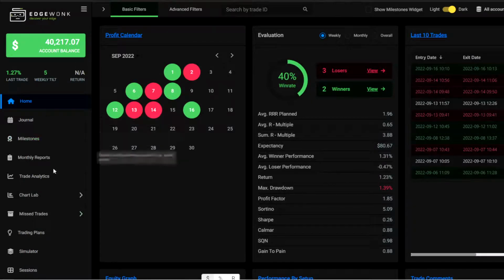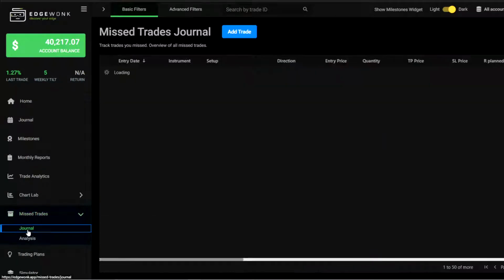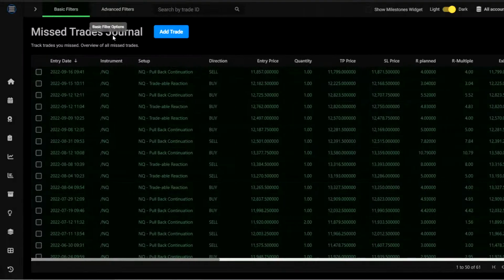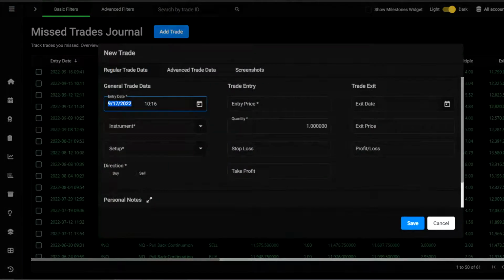All right. So this is my edge wonk. Missed trades journal. Let's add the trade, and this was 10:38. This was the 15. 10:38.